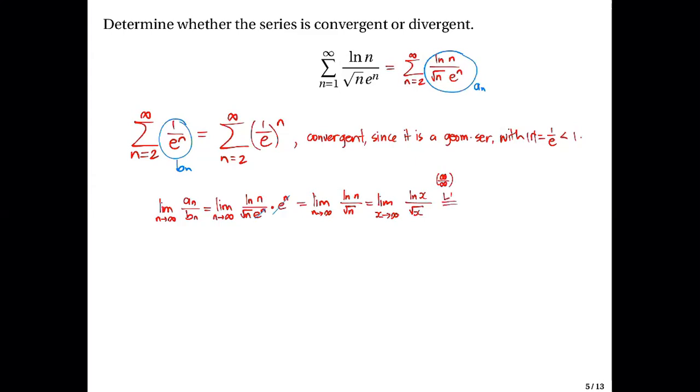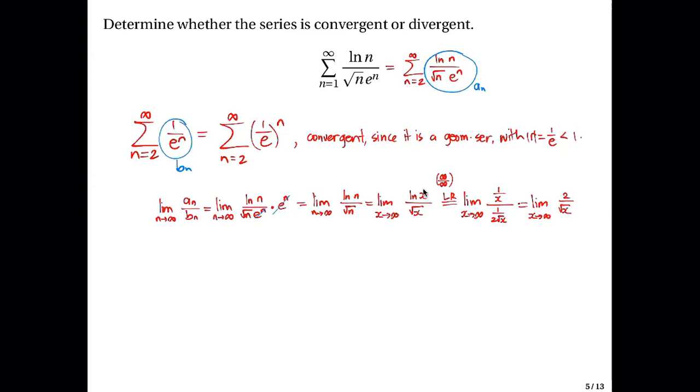So we use L'Hopital's rule here. And we will get the limit as x approaches infinity of the derivative of ln of x, that's 1 over x, over the derivative ng square root of x, that's 1 over 2 square root of x. If we simplify this, meron tayong limit as x approaches infinity of 2 over square root of x.